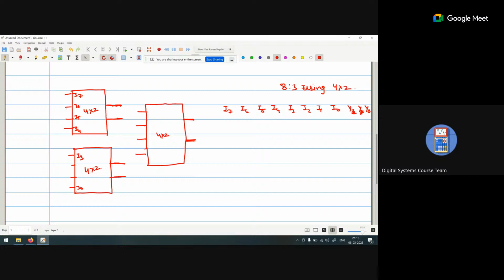Now please check: if I give an input to I7, what will happen? Any idea what will happen?